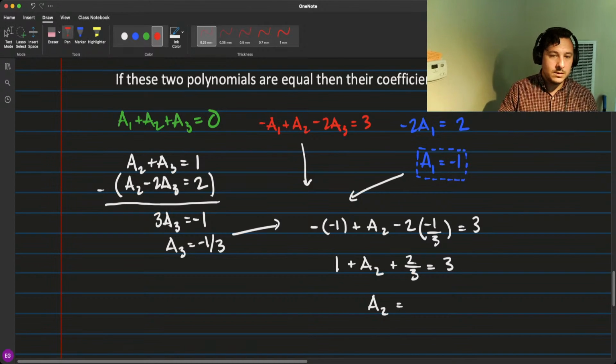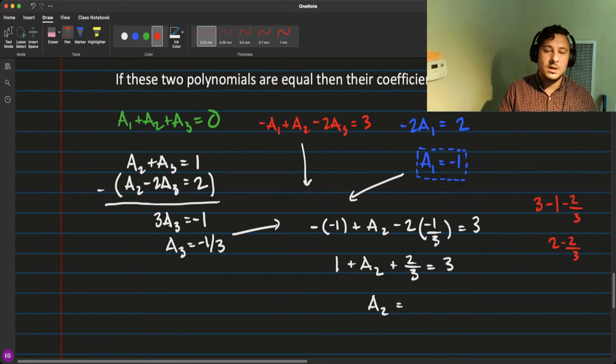So what's 3 minus 1 minus 2/3? That's 2 minus 2/3. 2 minus 2/3 is 1 1/3, which is 4/3.